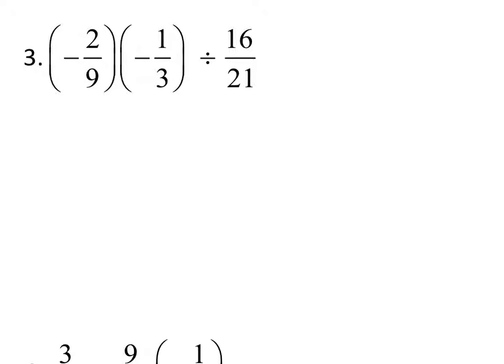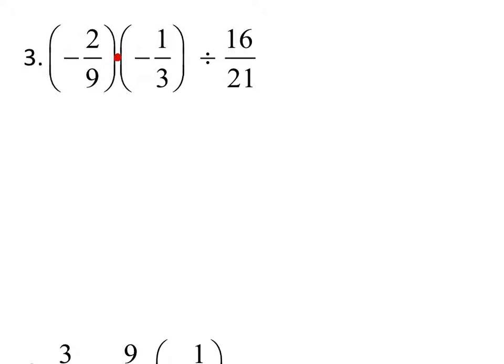So looking at this, inside those parentheses, we can't look to simplify any of the fractions if we can. None of these can be. So we got this multiplication, and then we have the division of the 16/21. So by the order of operations, there's nothing to do with the parentheses. There's no exponents.